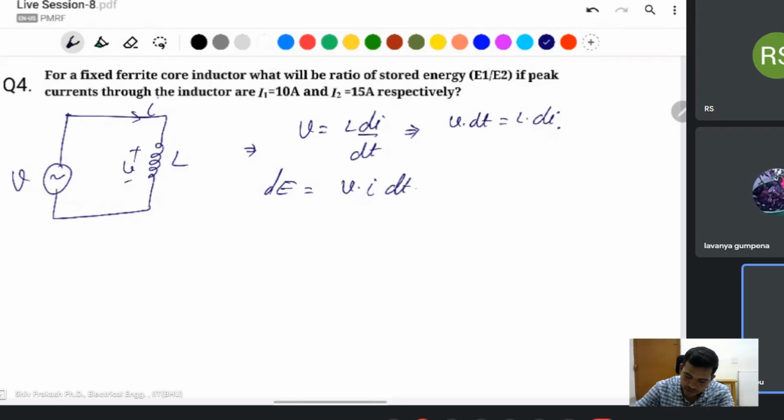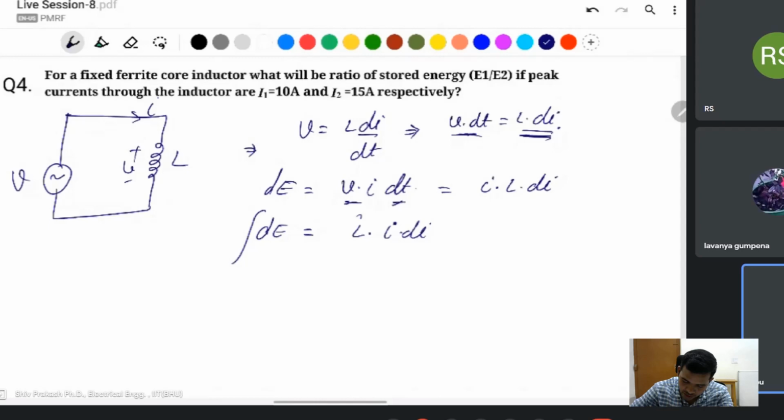V into dt you can replace by L di, so dE is equal to I into L into di.